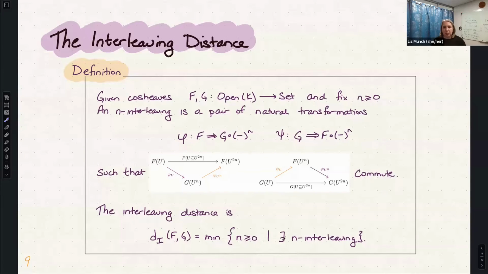The interleaving distance is the smallest possible n for which I have a pair of these maps. So the game is, tell me the minimum n where interleavings exist. If I give you an n-interleaving, that at least gives me an upper bound for what the true interleaving distance is. But we're going to be interested in trying to find something as low as possible.